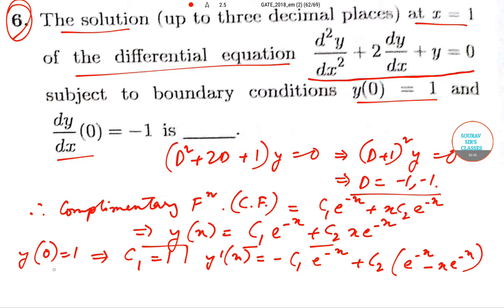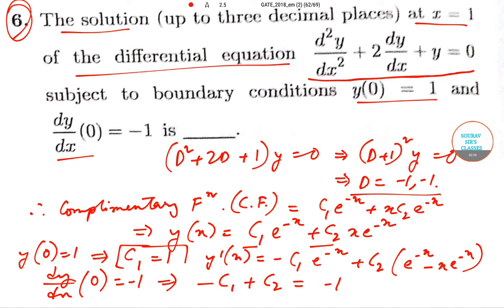So therefore dy/dx at 0 equal to minus 1 gives us that minus of C1 plus C2 is equal to minus of 1. Now we know that C1 is equal to 1, so that implies that minus 1 plus C2 is equal to minus 1. So that implies that C2 is equal to 0.